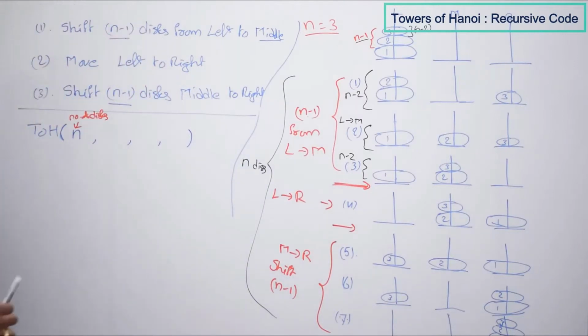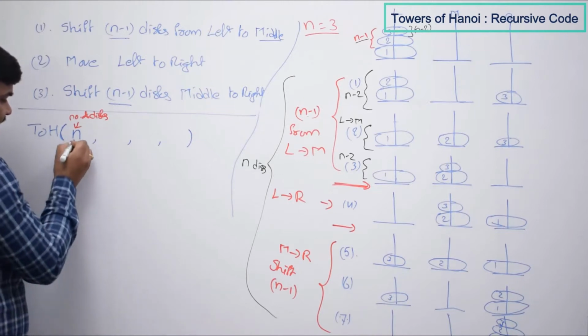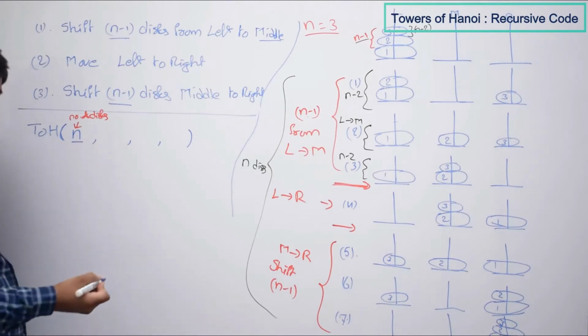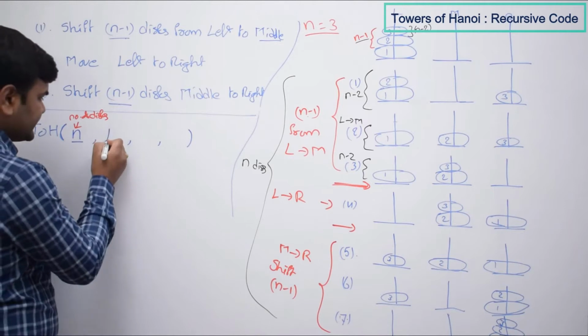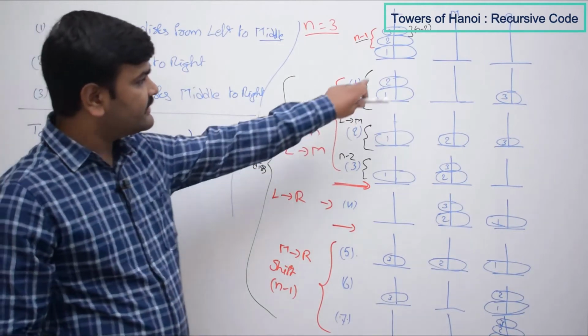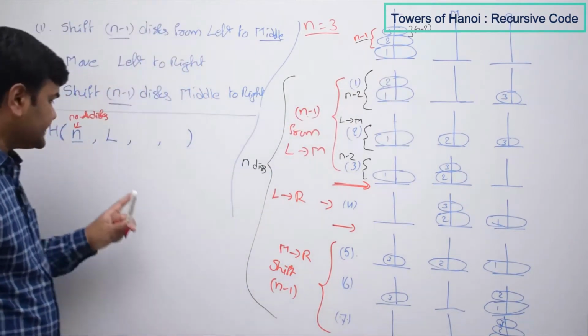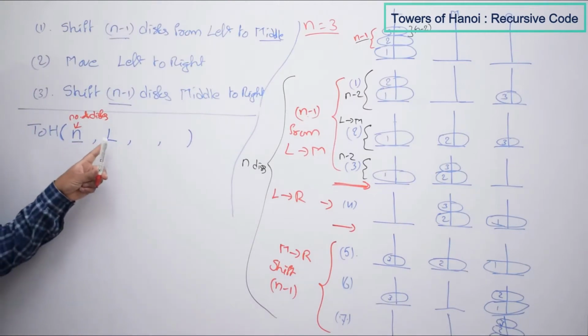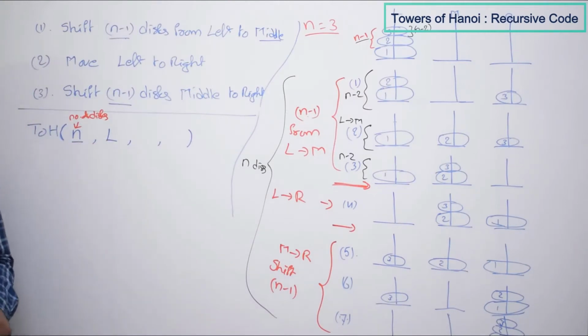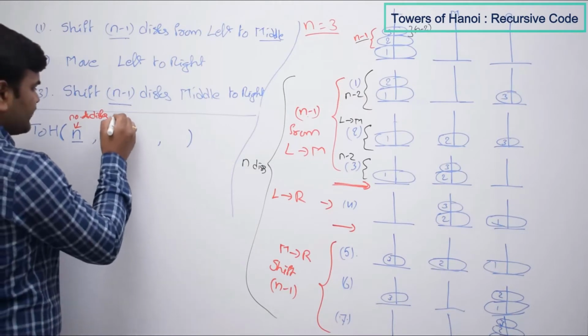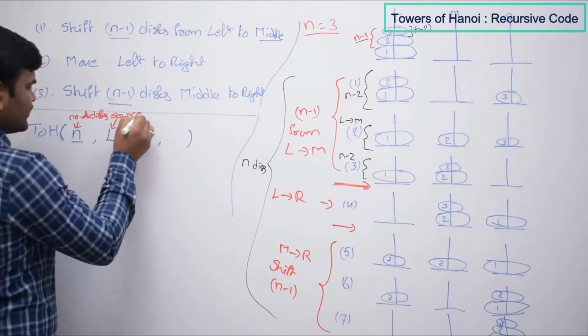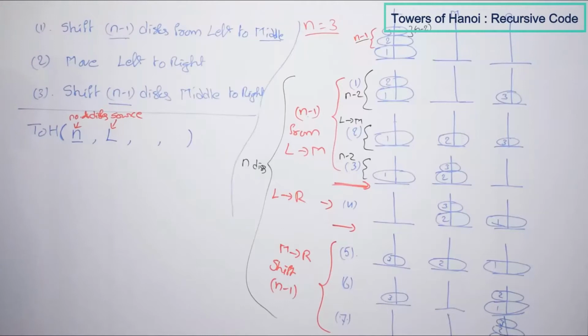And then the second position is what? Where these n disks exist. These n disks exist initially at the left tower. So in which tower these n disks exist, the second position is always talking about that, the source of these n disks.